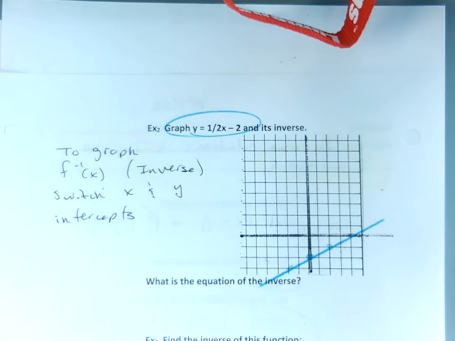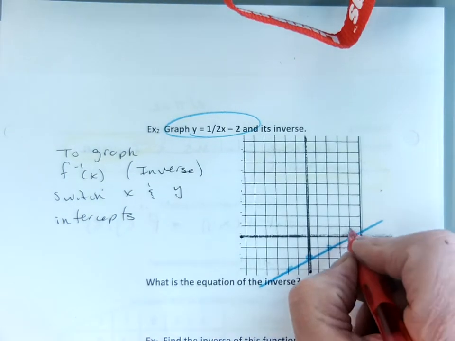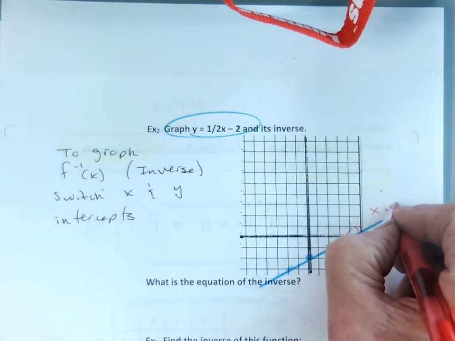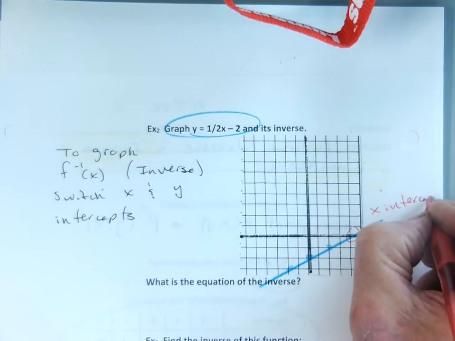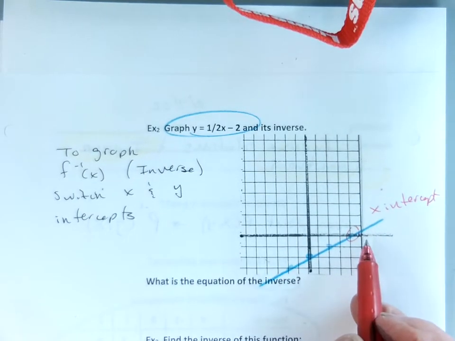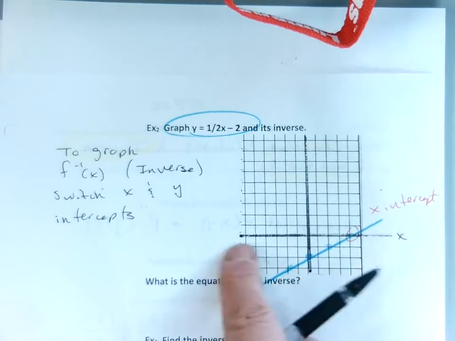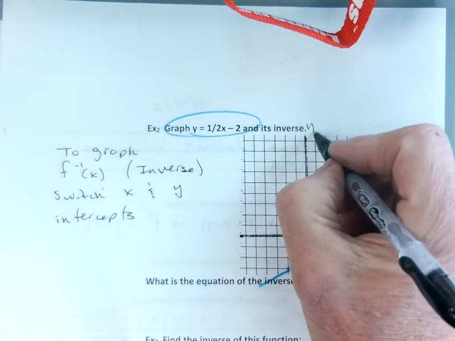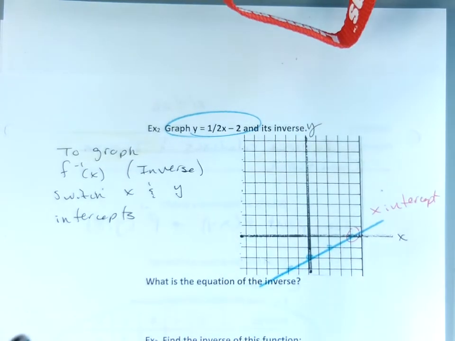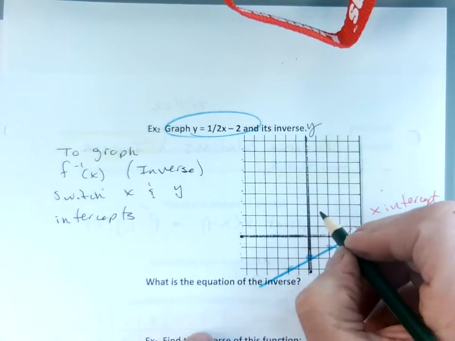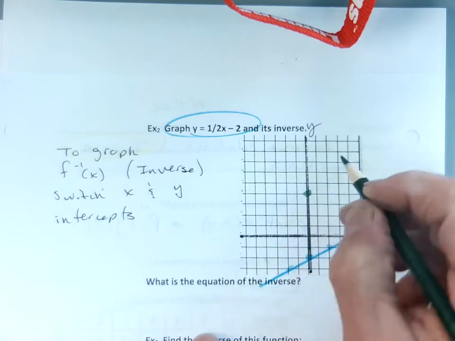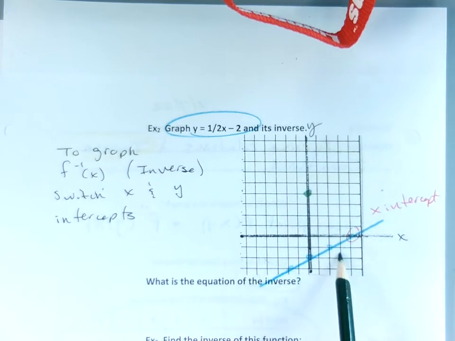This is an x-intercept, because this is the x-axis, right? This is the y-axis, so the y-intercept would have to be right there. There's my y-intercept. So my x-intercept becomes a y-intercept, right?